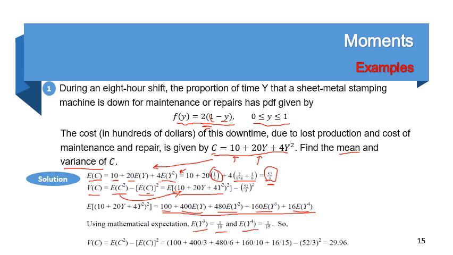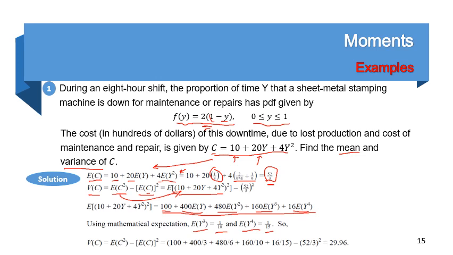Also, if you need the expectation of y to the power 4, you multiply y to the power 4 by the bracket, which is the density function, 1 minus y. Then you integrate and substitute 1 minus substituting 0. You get 1/15.